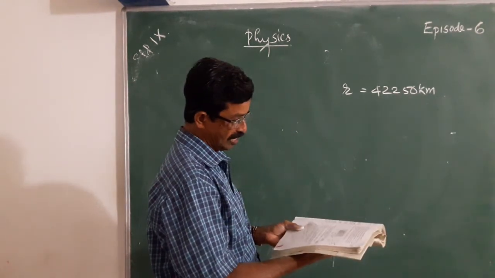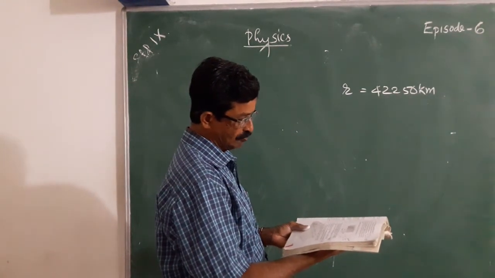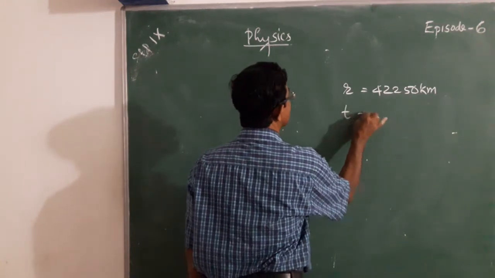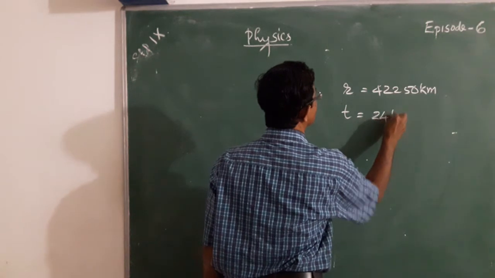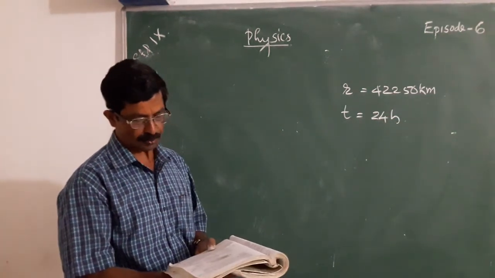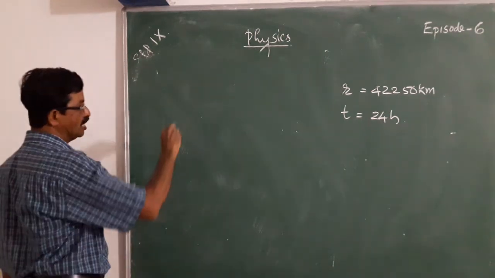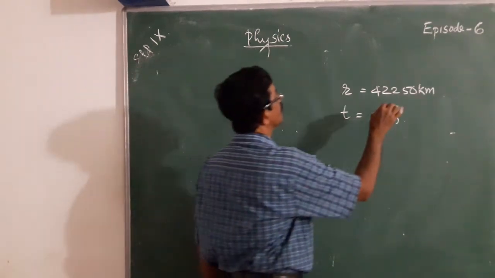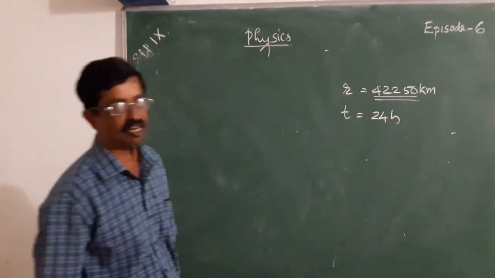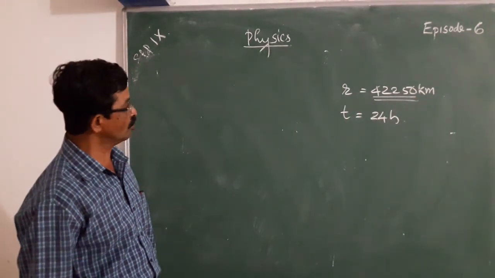Calculate its speed if it takes 24 hours to revolve around the Earth.